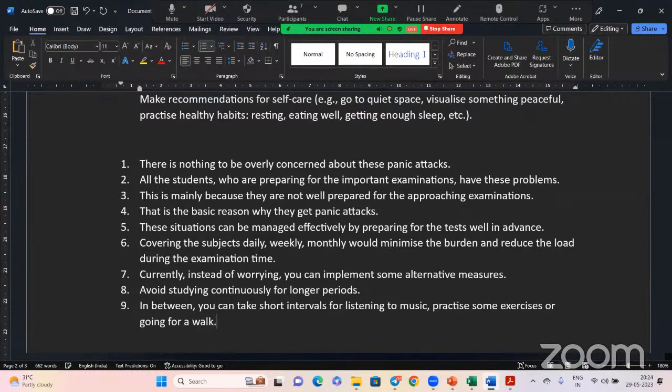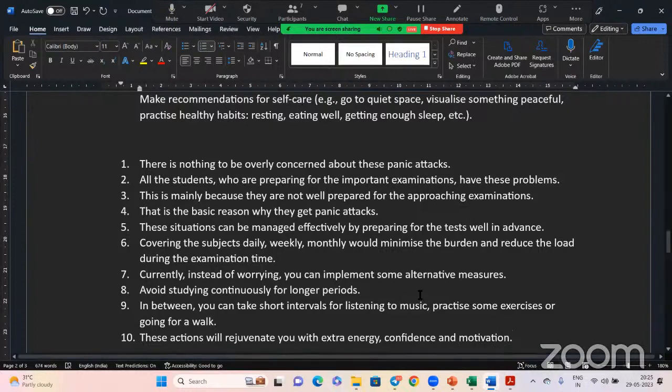These actions will rejuvenate you with extra energy, confidence, and motivation.